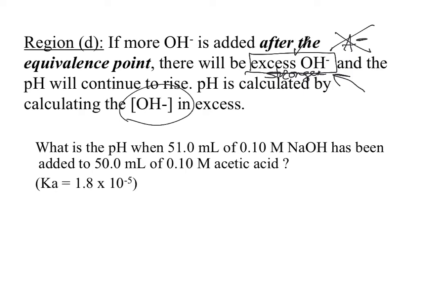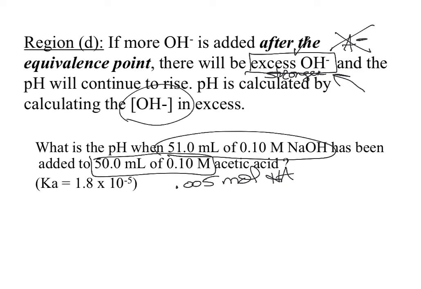So here's a sample, okay? You had 0.005 moles of the original weak acid, and so you have excess sodium hydroxide, and you have now added 0.0051 moles of hydroxide.